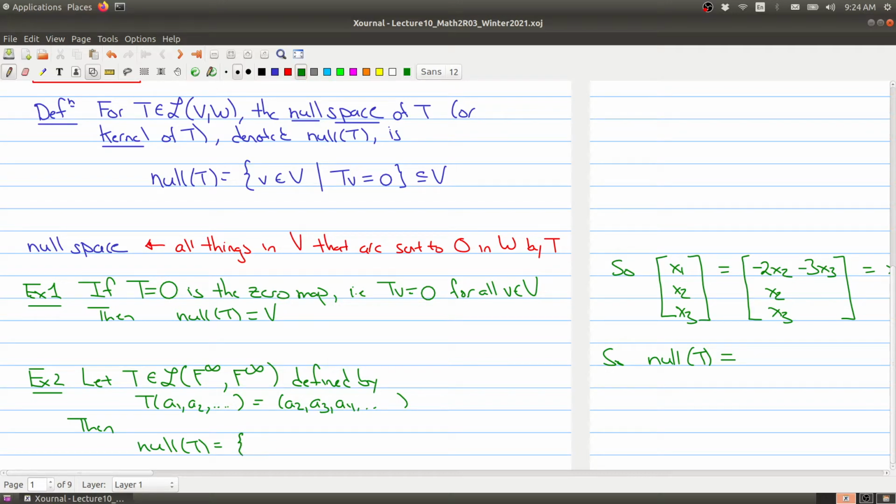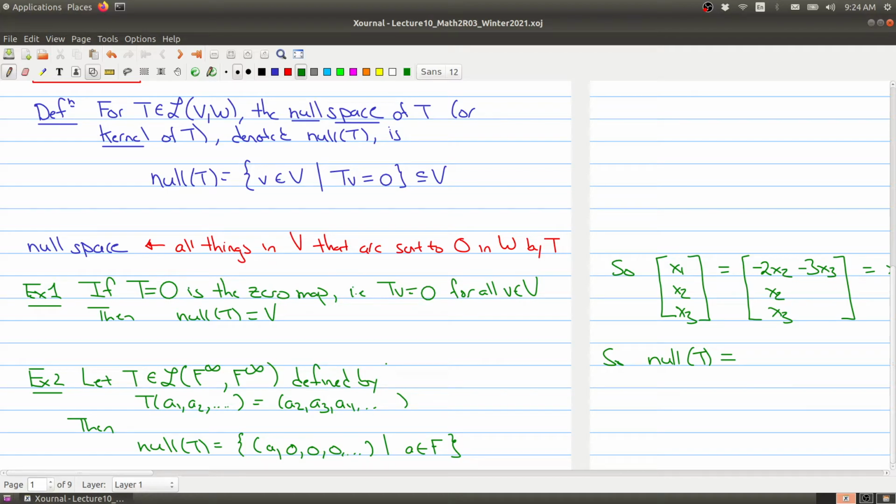So it turns out that the null space is all sequences that look like a and then all zeros afterwards, where a could be any arbitrary element of F. So I can take any sequence that has anything as my first element and zeros everywhere else, stick it into my function, and I will get the sequence of all zeros. So that's what my null space looks like in this case.